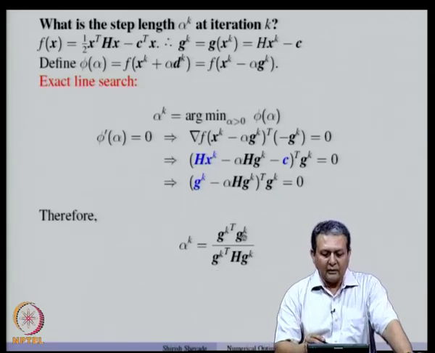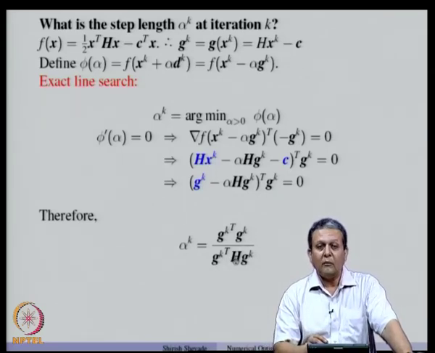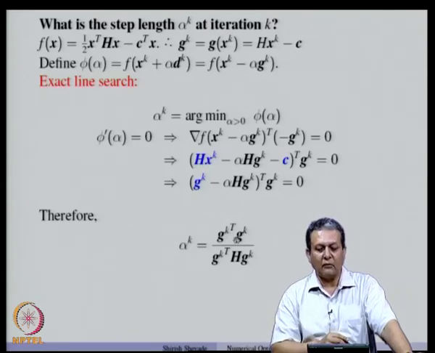Now, remember that H is a positive definite matrix which is symmetric. So, gk transpose H gk is greater than 0 if gk is not equal to 0, and gk transpose gk is a norm square, that is also a quantity which is greater than 0 if gk is not equal to 0.